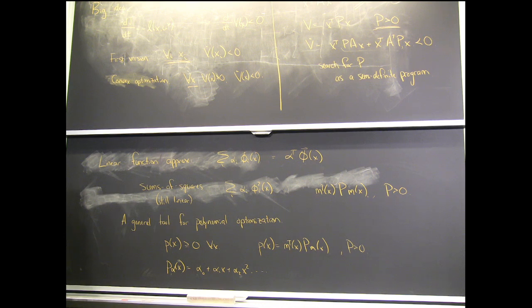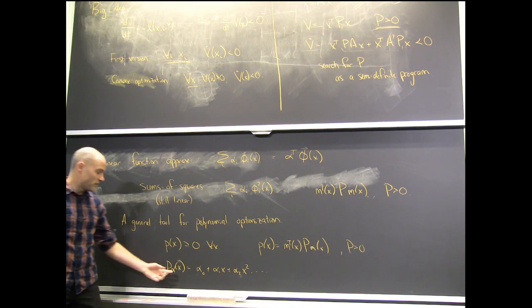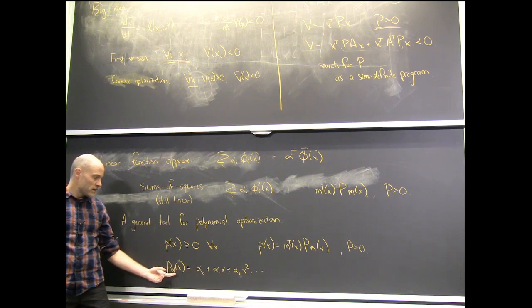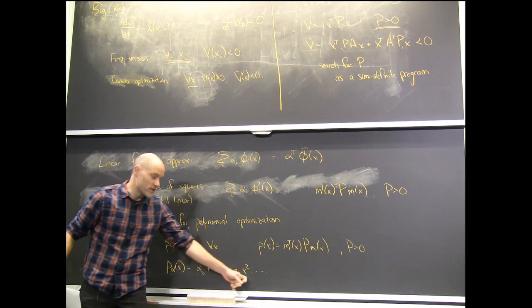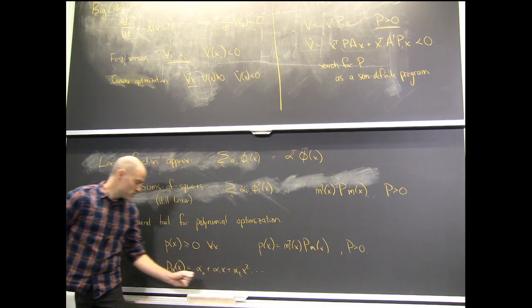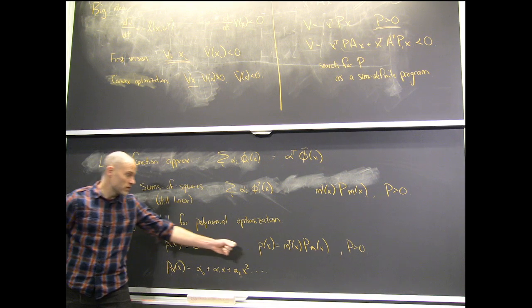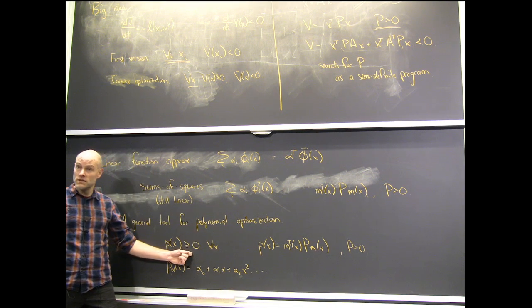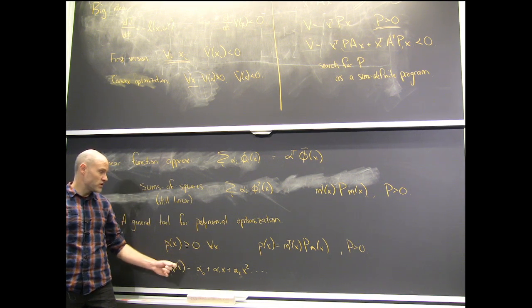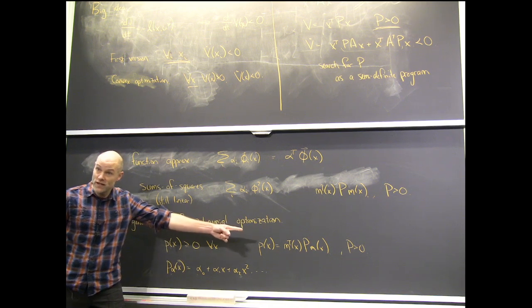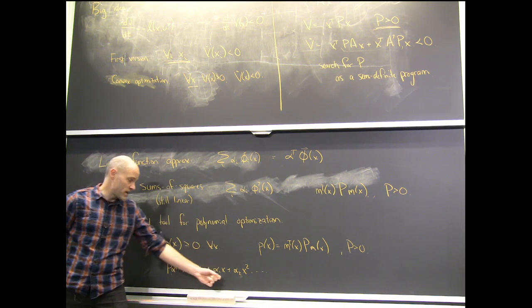Any questions at the high level? Yes? If you want to have decision variables which are the coefficients of the polynomial, then equations of this form can be written using a positive semi-definite constraint and linear constraints on those decision variables.